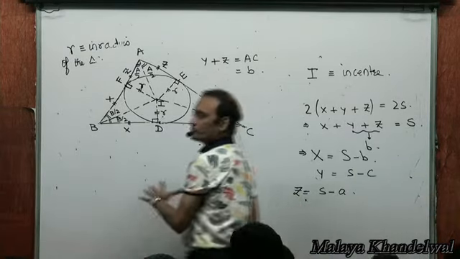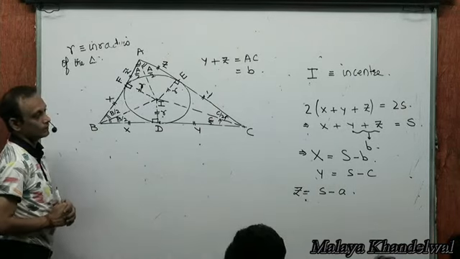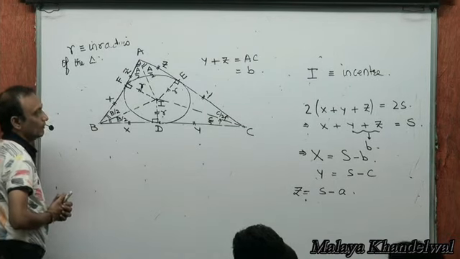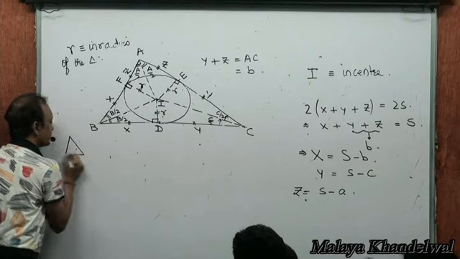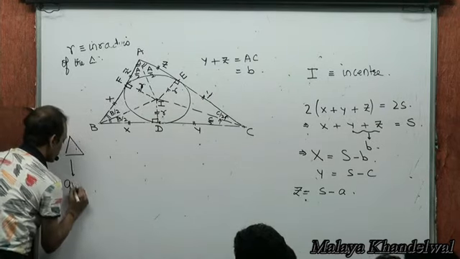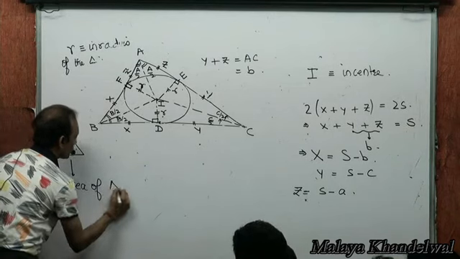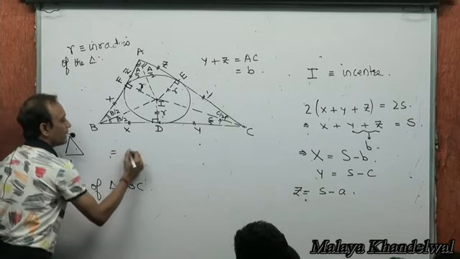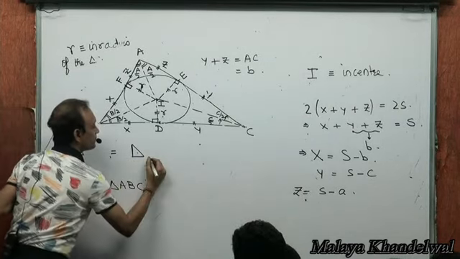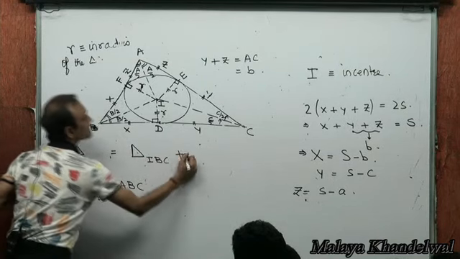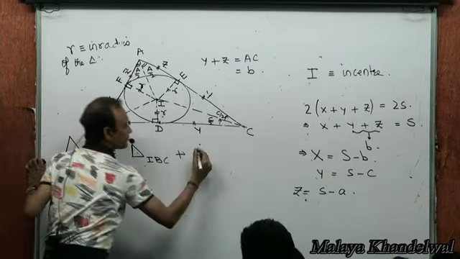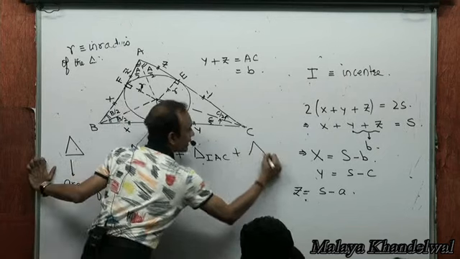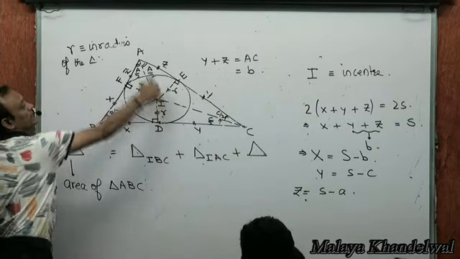So one thing for sure, the area of triangle ABC, referred to as delta, is going to be the area of triangle IBC plus the area of triangle IAC plus the area of triangle IAB, right?